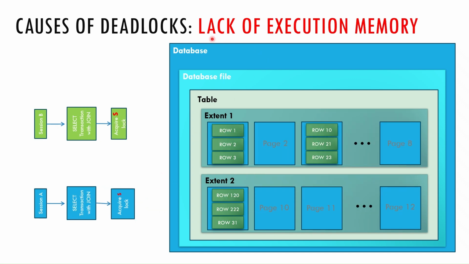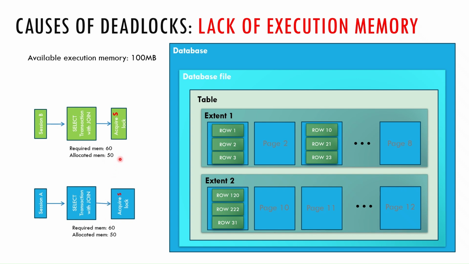If your query has sorting and joining row activities, SQL Server requires temporary execution memory to run this query. And in this case also, deadlock might happen. For example, due to some memory contention in the server, SQL Server has only 100 MB available for execution memory. During this time, two concurrent sessions, session B and session A, started, suppose, and they required 60 MB each to run this query.